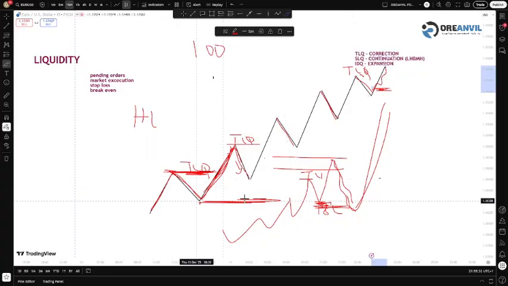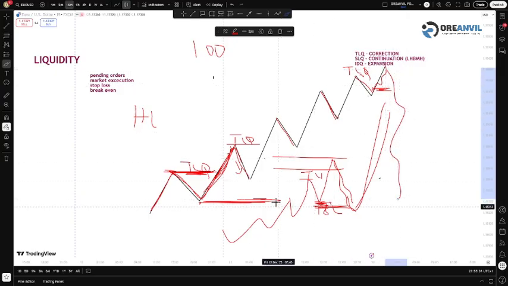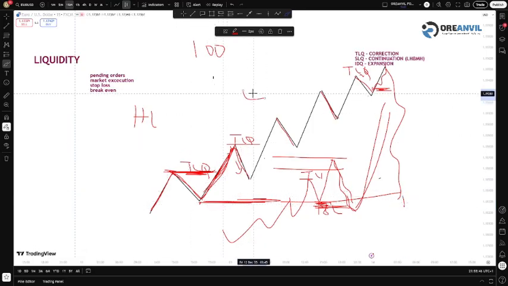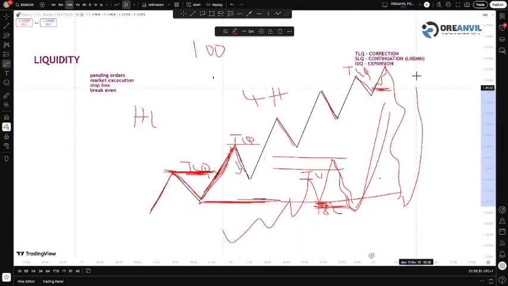If I'm currently here and price comes here and takes this liquidity, and I'm able to understand that this is my structural liquidity on 4-hour time frame, there is going to be a massive big push to the upside. That means I have a lot of push to be able to make money from.